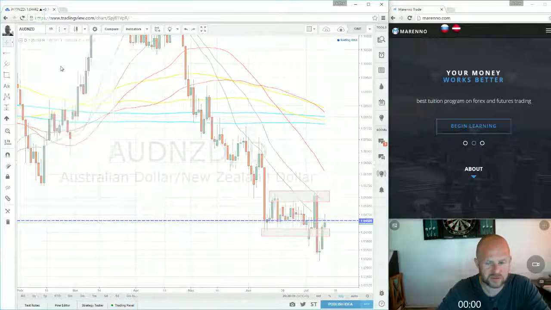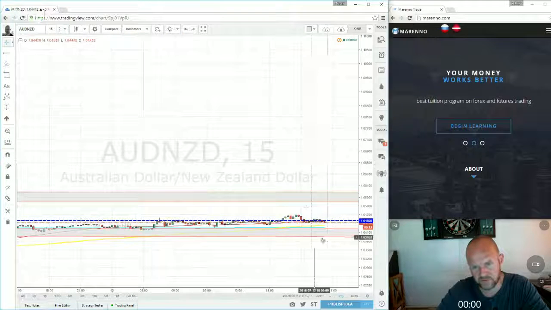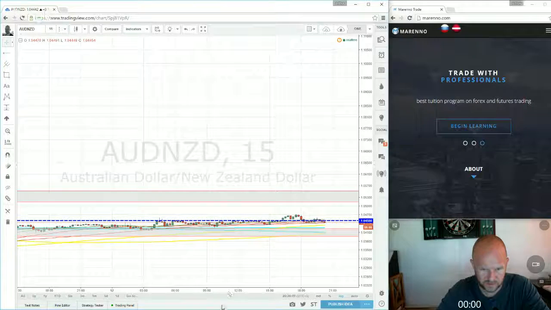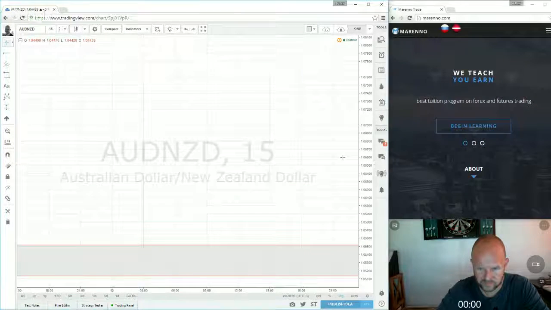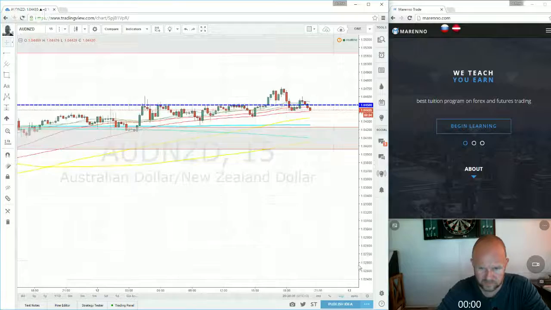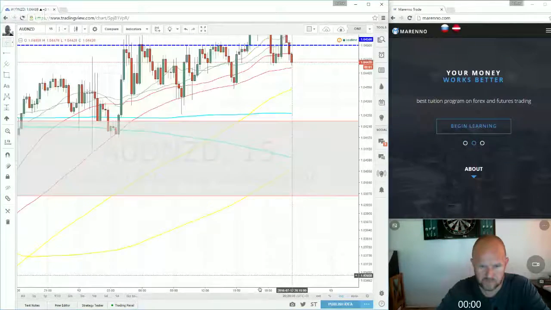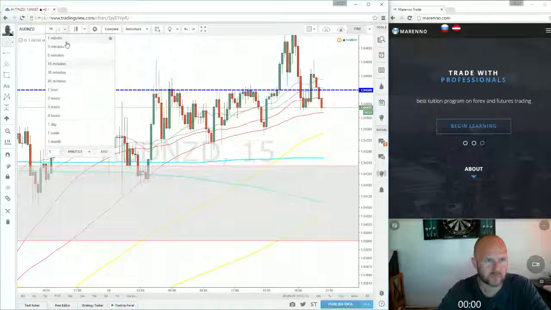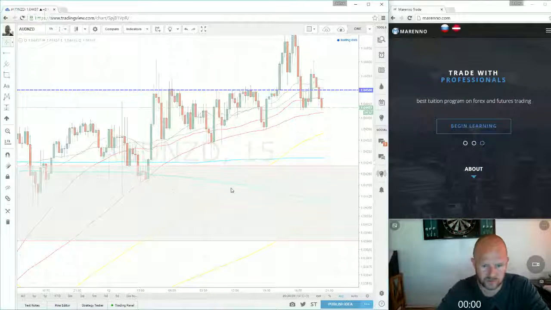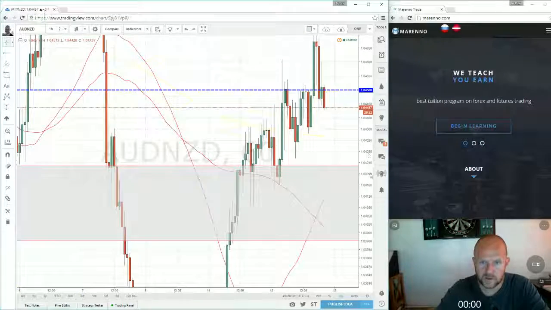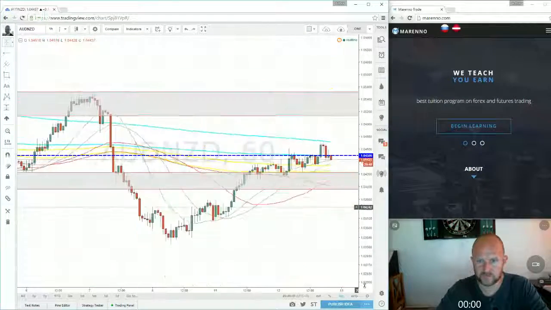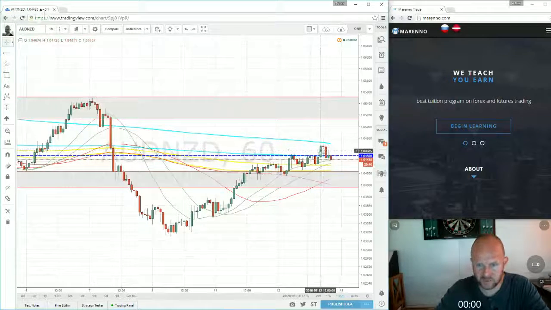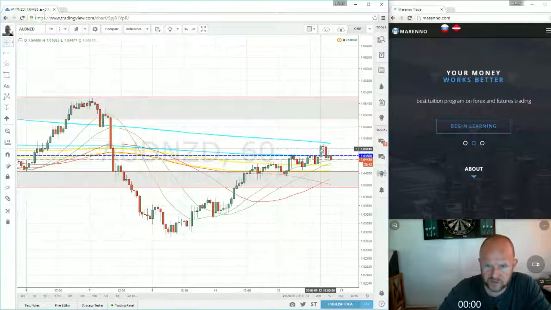Switch to 15 minutes. Sorry about it. Switch to one hour. All right. Well, actually, on the 1 hour chart, we did have a reversal pattern.